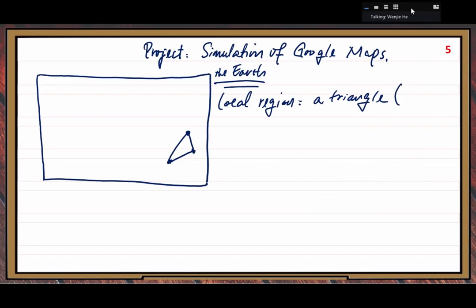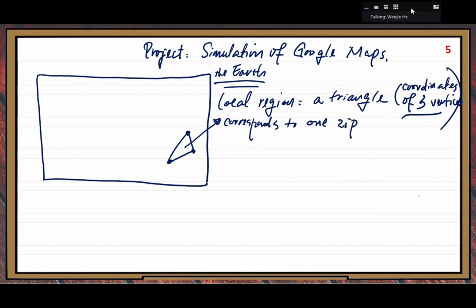That's good enough to identify one triangle. And in the real world situation, we imagine one triangle corresponds to one zip code.